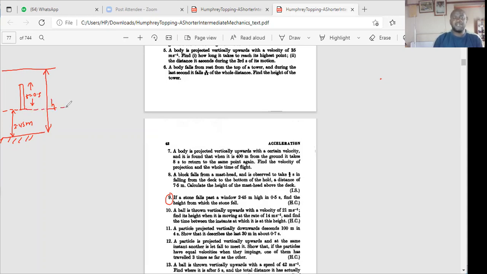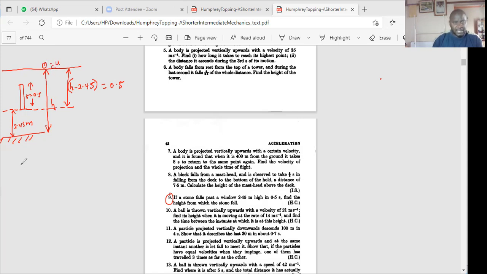But as we ask ourselves that, when the stone clears the window, it has traveled a distance, which is h minus 2.45. And the time it takes to clear that distance is 0.5 seconds. And it just falls, so it came from rest.